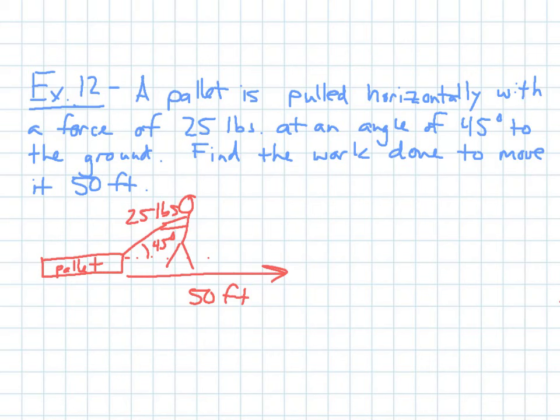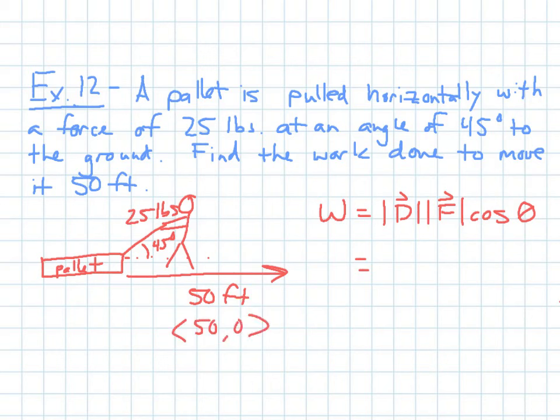So that means we need to use the other formula. So the work could be found as the magnitude of the direction vector times the magnitude of the force vector, times cosine of theta. So you have your direction vector. Okay, so it's 50, 0.